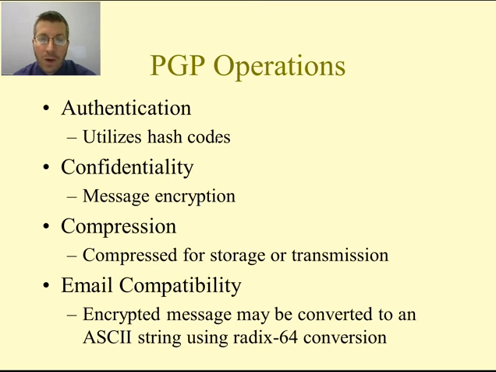There are 4 primary uses of PGP. You utilize it for authentication, confidentiality, compression, and email compatibility. So we'll go through each one of those in a little bit of detail. For authentication, it will utilize hash codes.